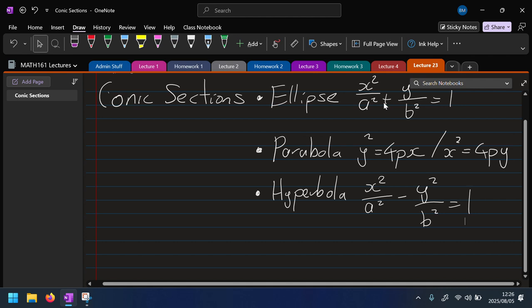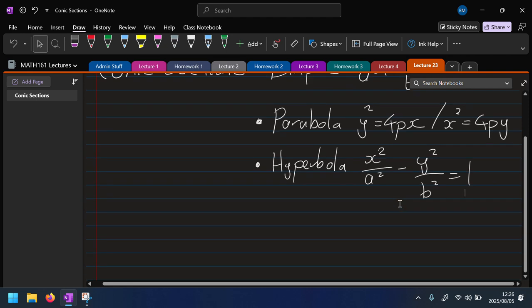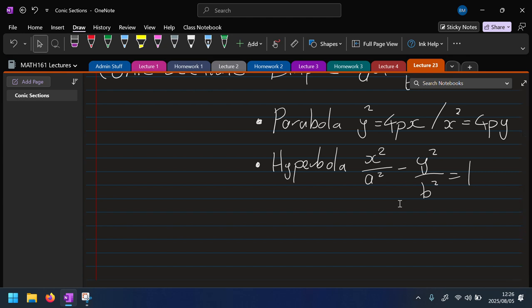The ellipse has a plus there, the hyperbola will have a minus. If we swap the order of these, we get a hyperbola that is horizontal or a hyperbola that is vertical. We'll see that later. So if we swap the order and have y squared over b squared minus x squared over a squared equals 1, that just swaps the orientation. Either it's going to be horizontal or vertical, depending on which one you choose.